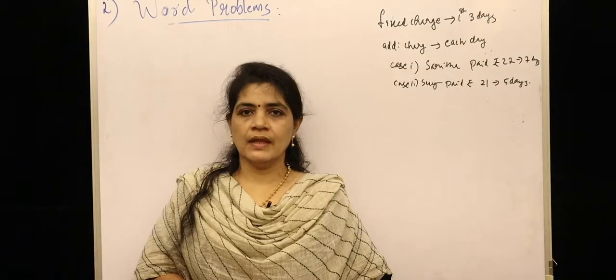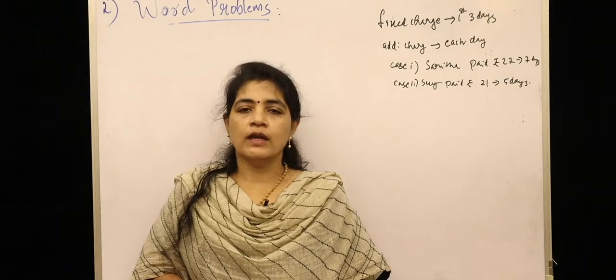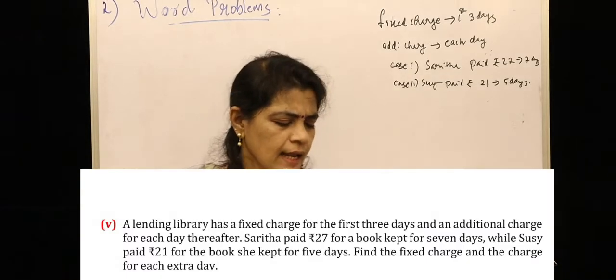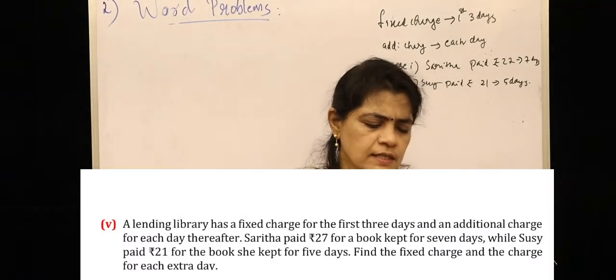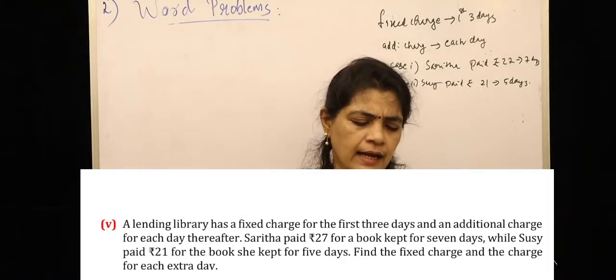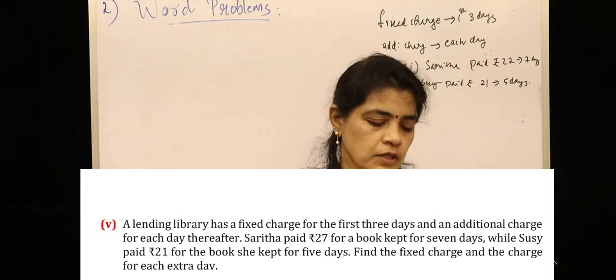Okay children, now we are solving the last problem. This is very important. This type of question can be expected. A lending library has a fixed charge for the first 3 days and an additional charge for each day thereafter.